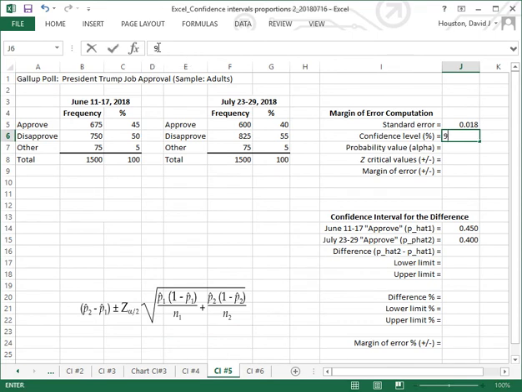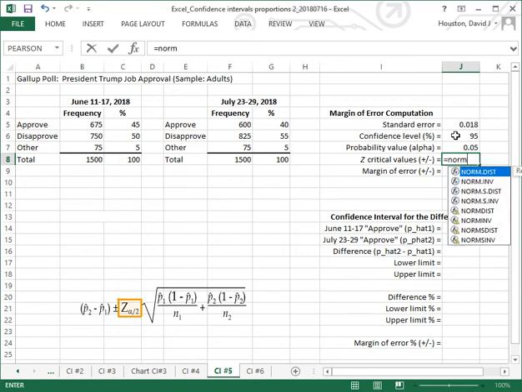Now next, for a confidence level, I'll keep a level of 95. For the probability value, as we've done before, 1 minus the confidence level divided by 100 to put it into proportions. So that's 0.05. Now define the critical values for z.